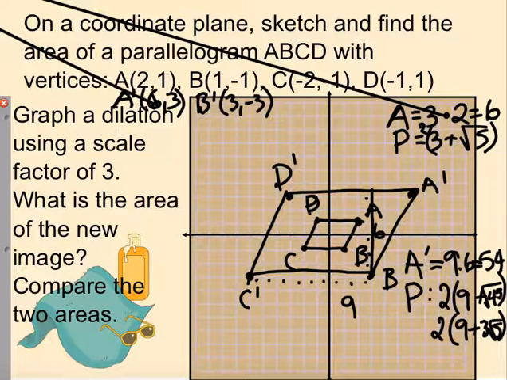When we look at the perimeters, all of the perimeter, especially that inside, is just multiplied by 3, which is good because our scale factor is a multiple of 3.